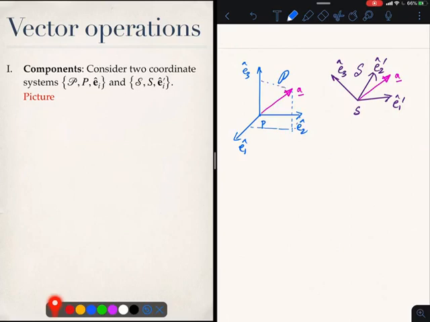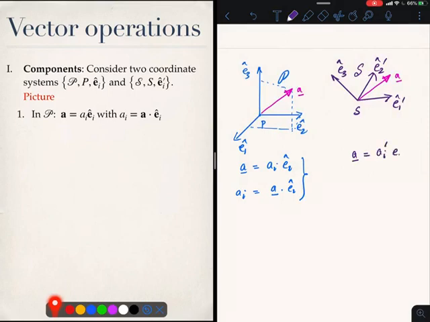So on this side, I could write A as A_i E_i, then I could compute A_i as A dot E_i. These are obvious operations. On this side, I can similarly write A as A_i prime E_i prime, with A_i prime being A dot E_i prime.